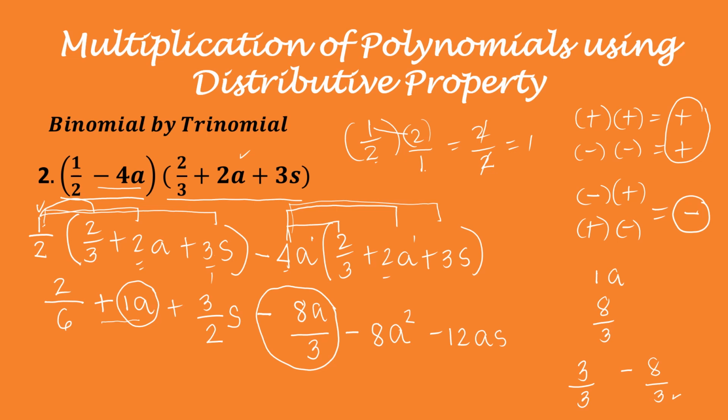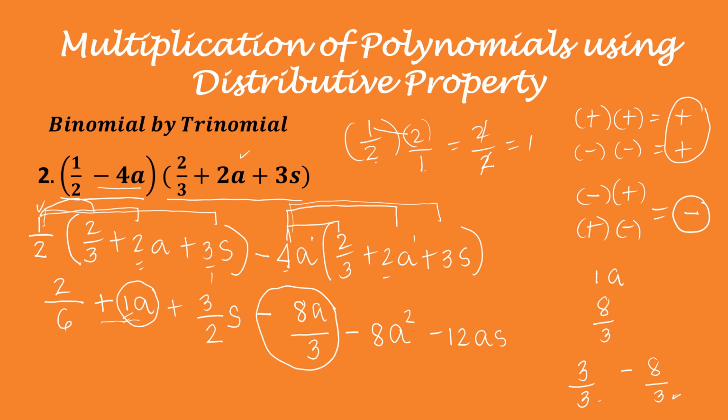The 3 over 3 is just the same thing as 1. And why am I using 3 over 3? Because the 8 has a denominator of 3. So instead of looking for the LCD, we simply convert it in such a way that it will be equal to the original, and then adjust them into similar denominators.